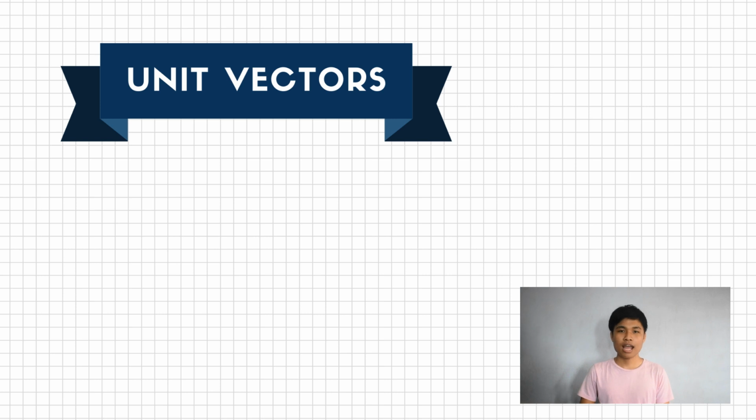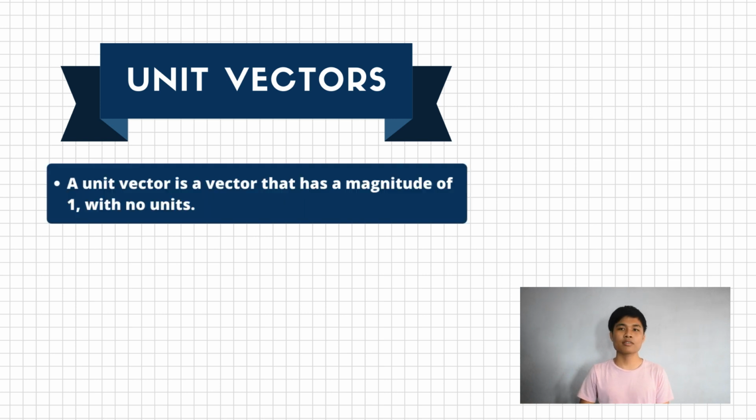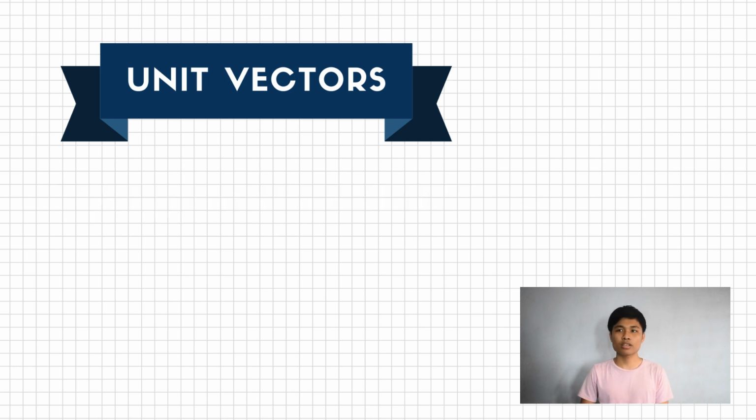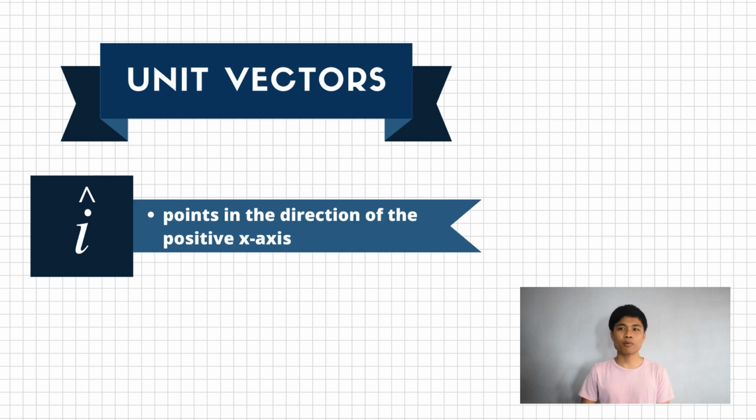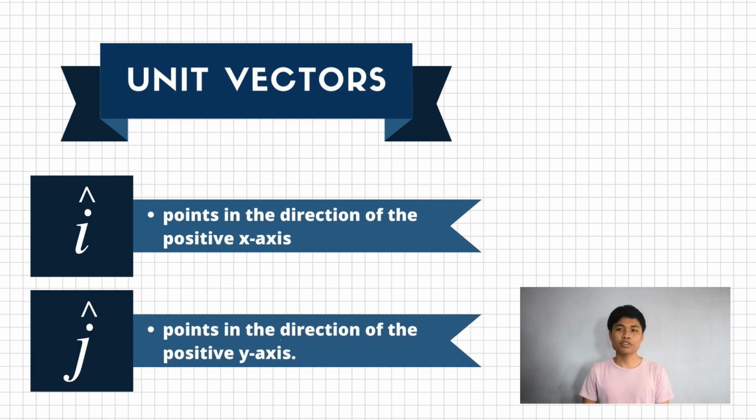Unit vector. A unit vector is a vector that has a magnitude of 1 with no unit. In an x-y coordinate system, we can define a unit vector i hat that points in the direction of the positive x-axis, and a unit vector j hat that points in the direction of the positive y-axis.